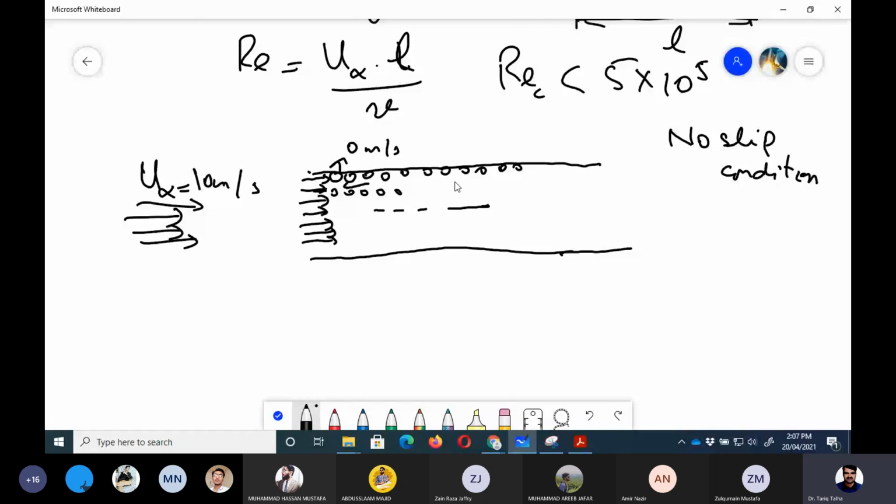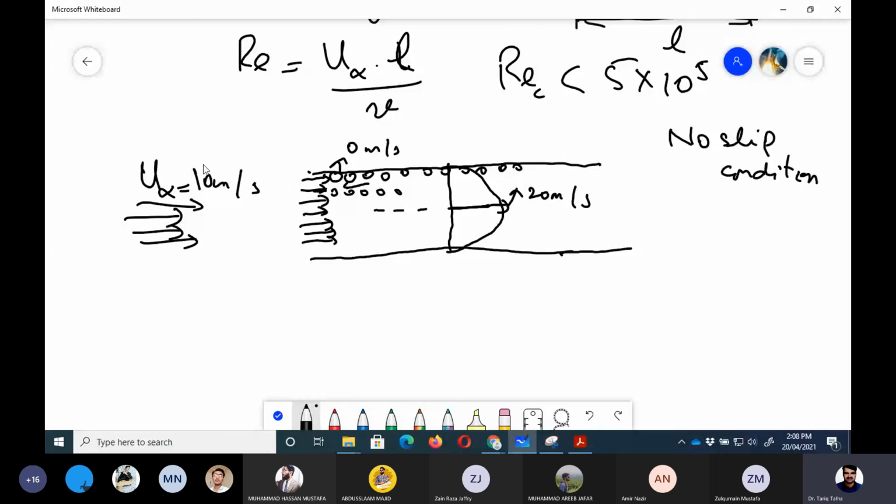Maybe if I draw that velocity profile here, it would look like something like this. In the center, maybe its value would be 20 meter per second.